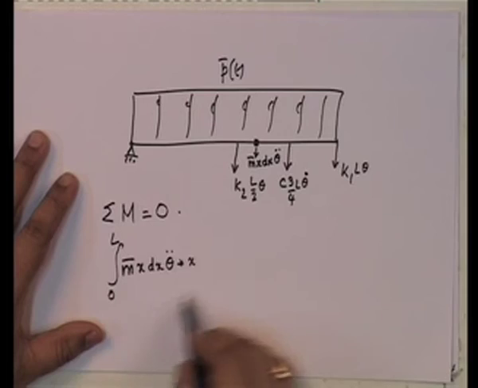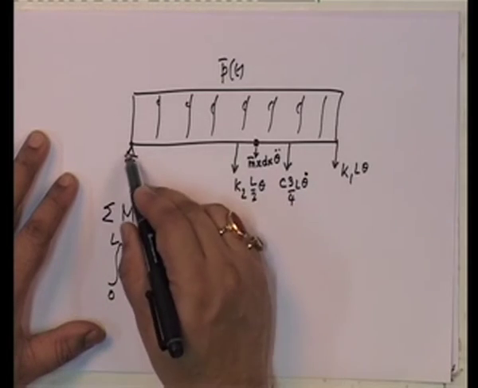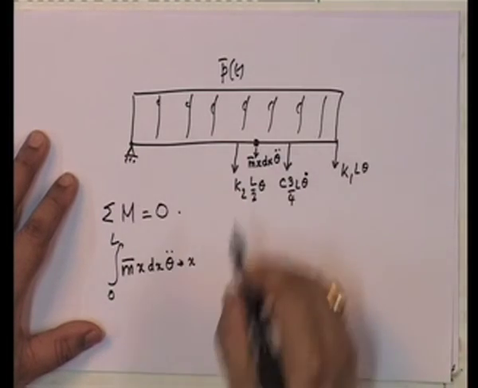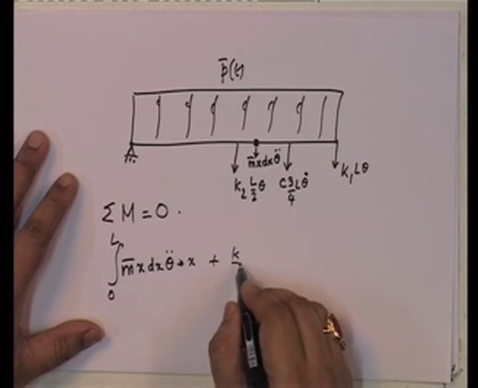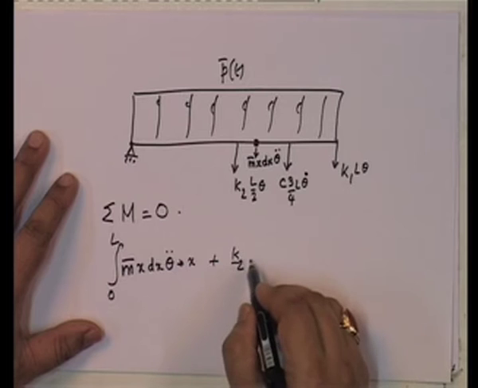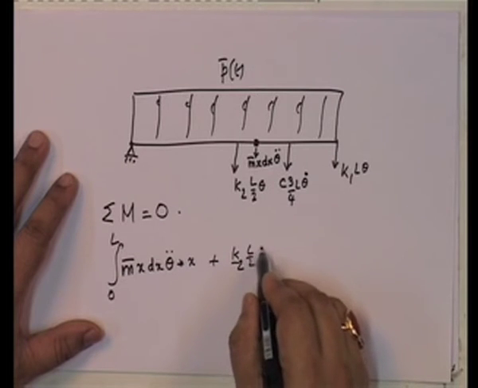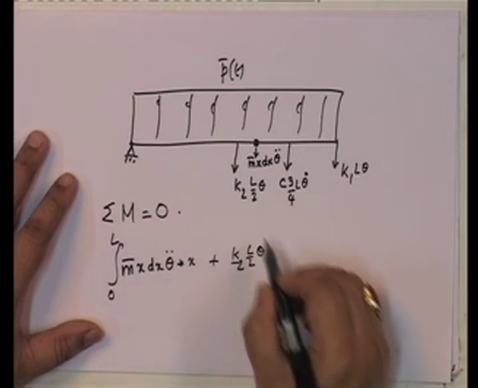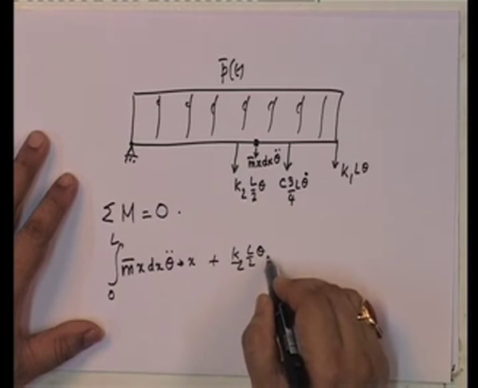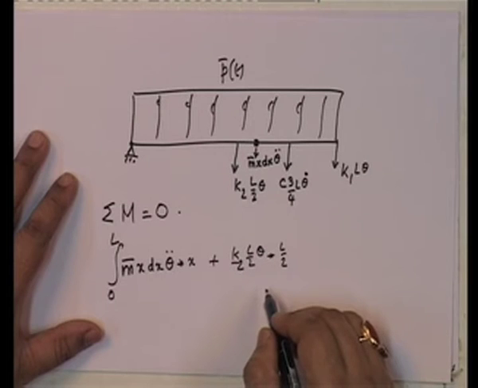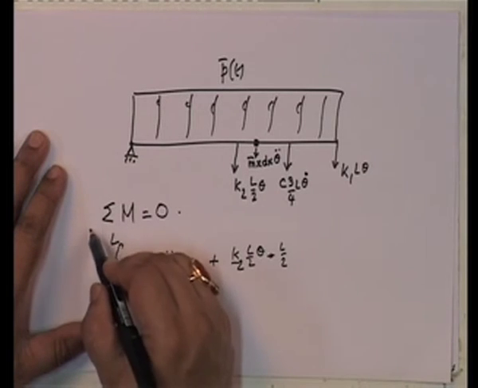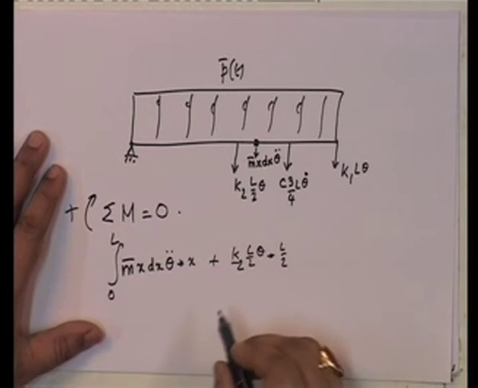That is what gives me the moment about this point of all the inertial forces of the bar, plus K2 L by 2 theta, that is the displacement, into L by 2. I am taking this as positive.